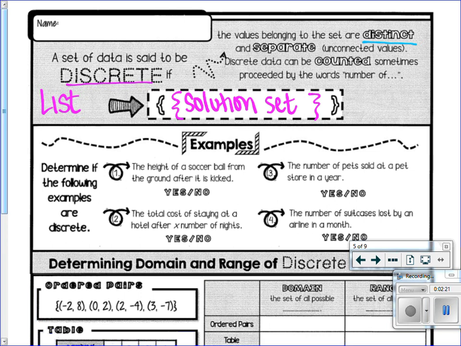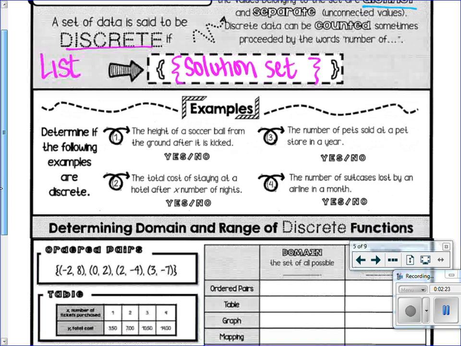To figure out whether our graph is discrete or continuous, we have situations. Some situations are discrete, some are continuous. The trick: can there be decimals for your x values? If it can only be whole numbers or specific numbers, that is a discrete graph or function.